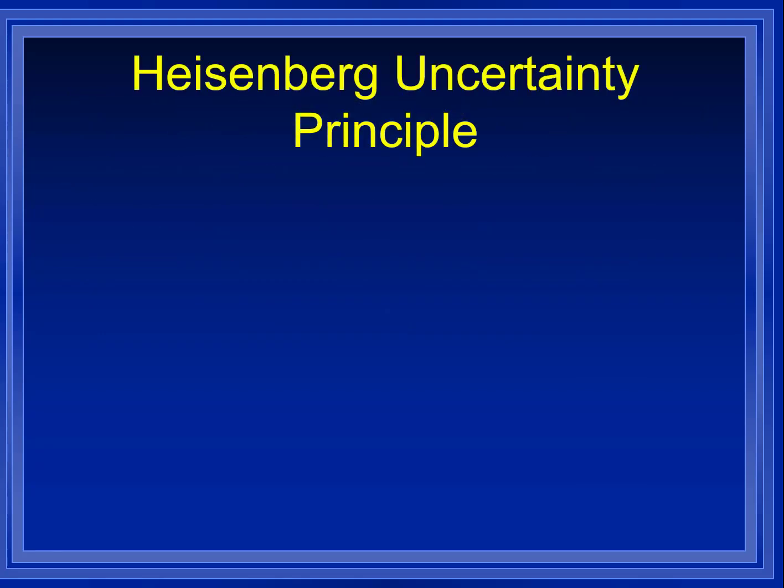But underneath all of this is something called the Heisenberg uncertainty principle. There are lots of aspects to the Heisenberg uncertainty principle. I already talked about one earlier, the fact that you couldn't know up and down spin and left and right spin at the same time.